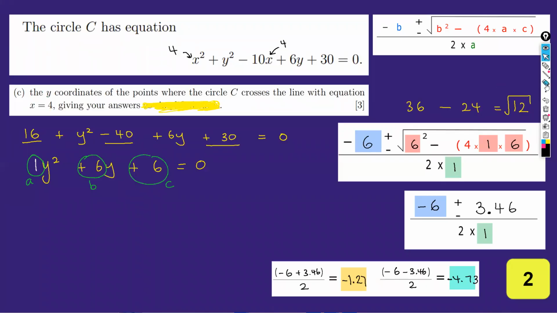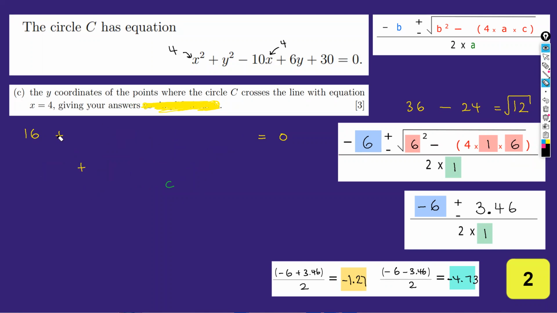So I just want to show you how this would look in a drawing, like if you had graph paper. So you have your x and your y axis as usual, just to get an idea how this might look.